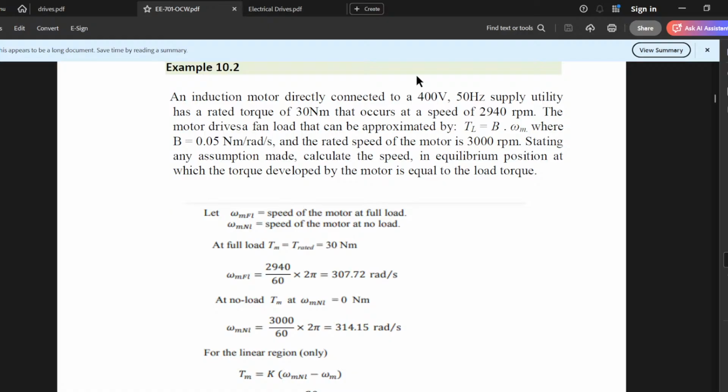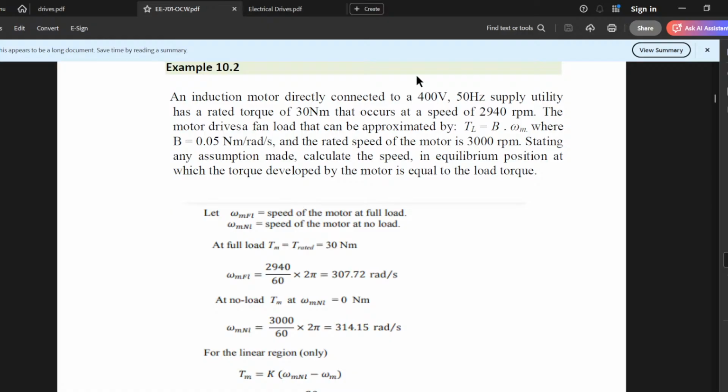The motor drives a fan load where the load torque TL is equal to B omega, where the value of B is 0.05.